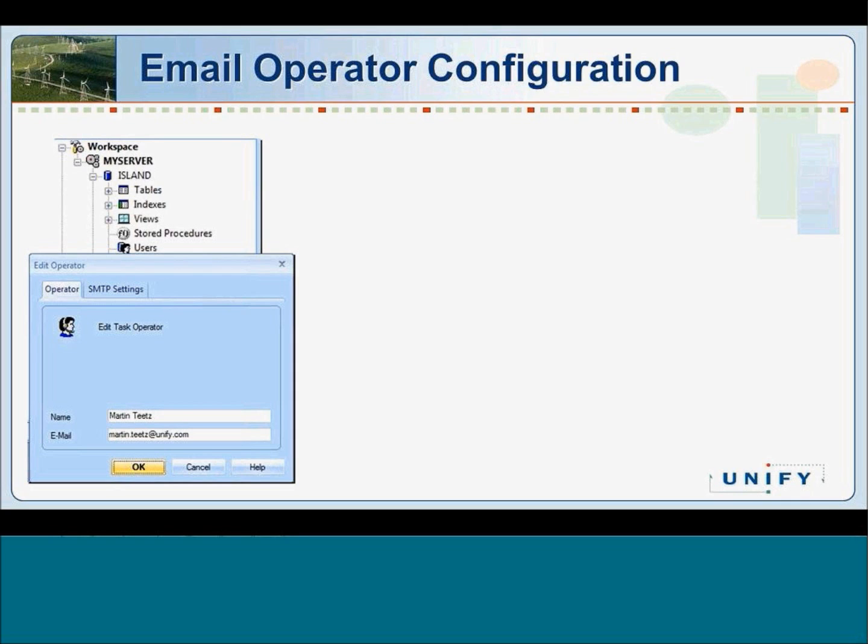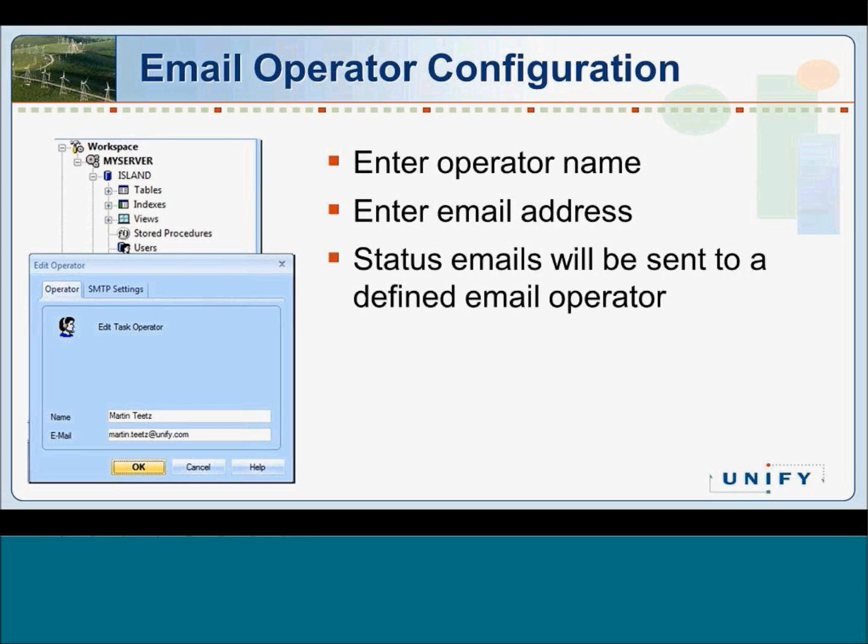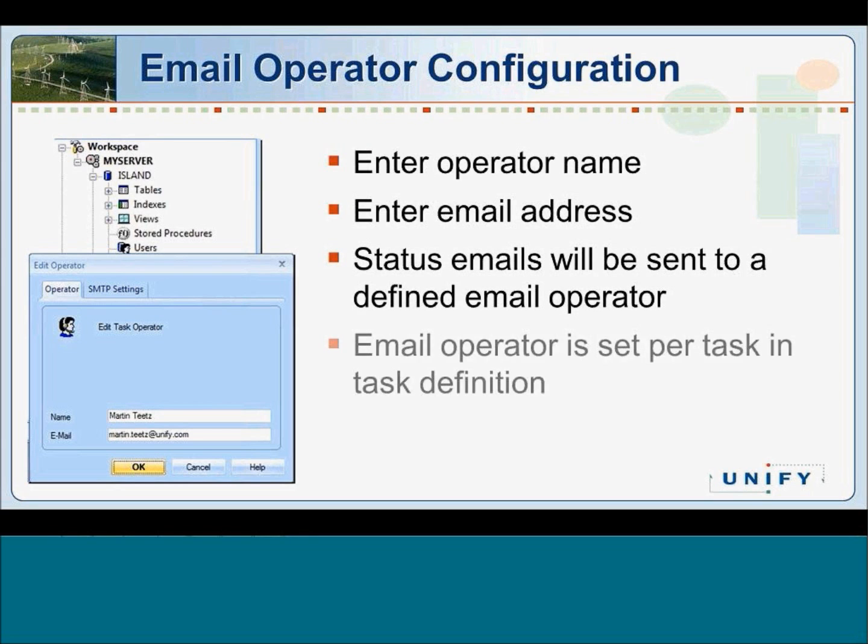So basically that's the send to address of myself, and I will get status emails from the Command Center service when tasks have executed. So enter the operator name, enter your email address. The status emails will be sent as defined by the email operator.